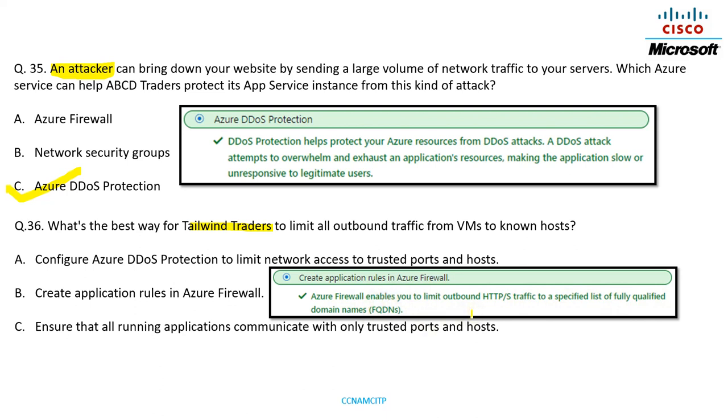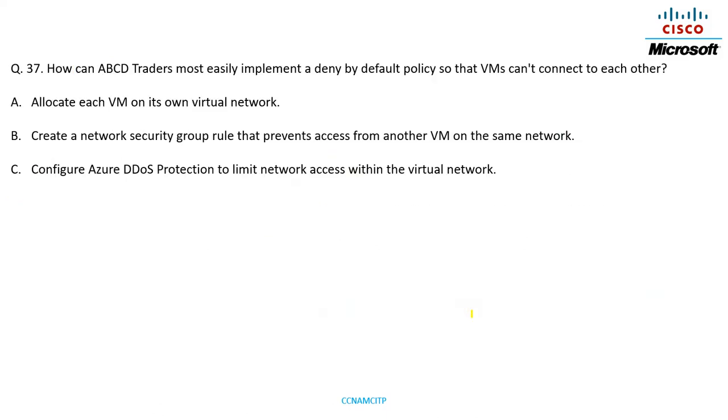Okay, and next question: how can ABCD traders most easily implement a deny by default policy so that virtual machines can't connect to each other?